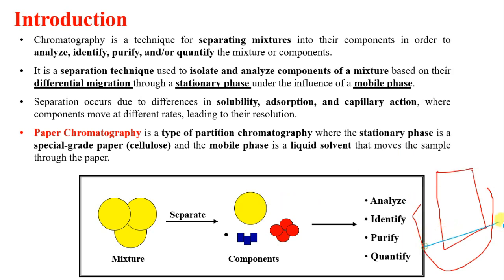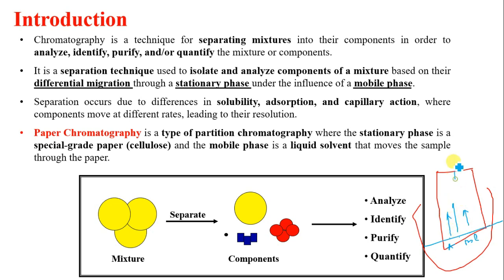This is the solvent front. Now we load the samples here, let's say A, B, C. If the samples interact with the solvent phase with very high affinity, then they will move faster along with the solvent front.